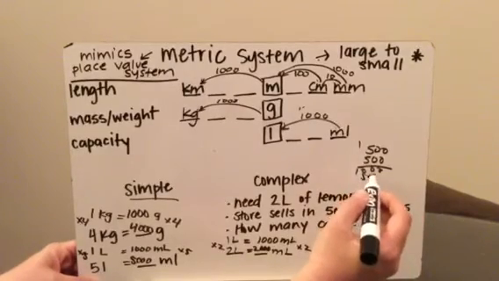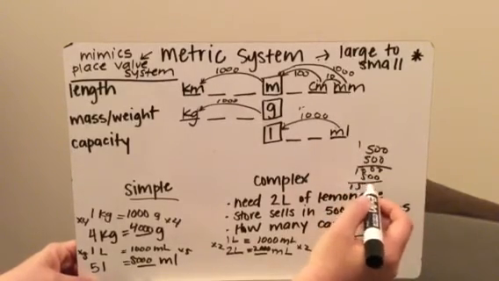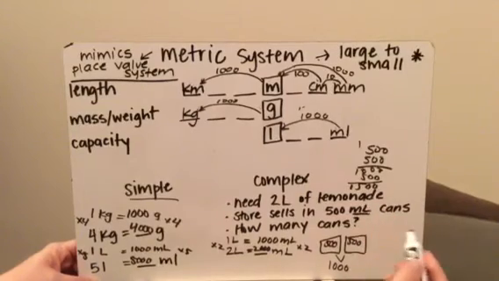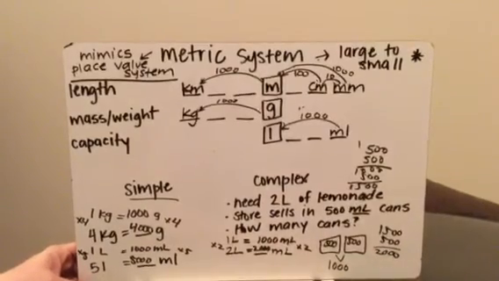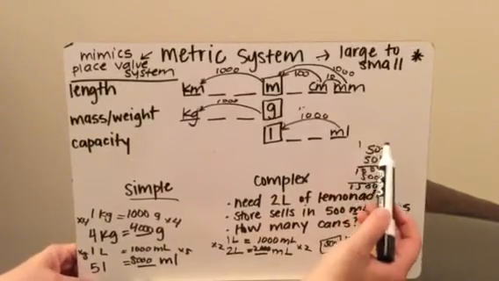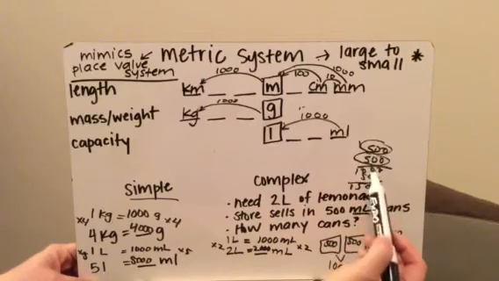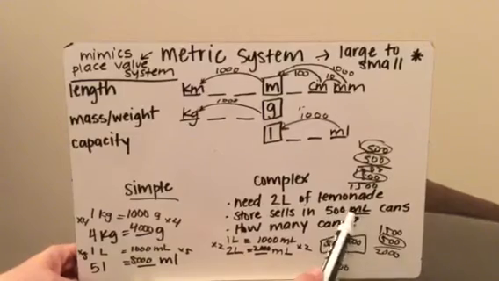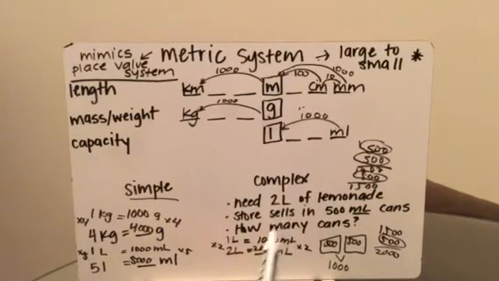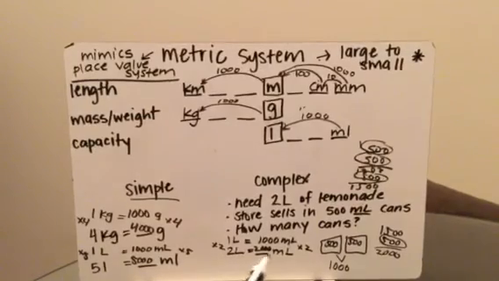Another 500 would give me 1,500, and then another 500 would give me 2,000. So I did 1 can, 2 cans, 3 cans, 4 cans. I need 4 cans of 500 milliliters. Gets me 2 liters, which is that 2,000 milliliters.